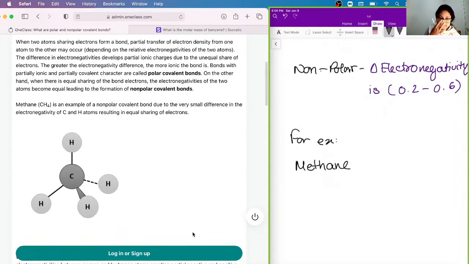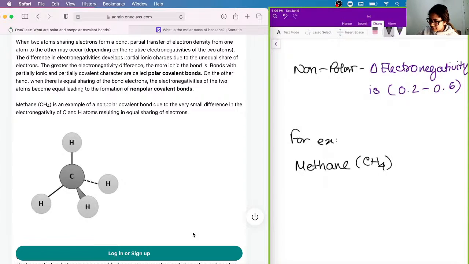Methane is an example of a non-polar covalent bond due to the very small difference in electronegativity of carbon and hydrogen atoms, resulting in equal sharing of electrons. So methane has the formula CH4.